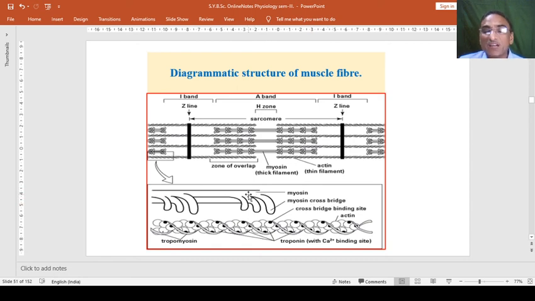So in the myosin filament, there are alternate myosin cross bridges which make the interlock mechanism in the muscles, and due to that interlocking, the stretching of the muscles, the contraction and relaxation of the muscles, or we can say the elasticity, is created and maintained by these cross bridges. So these are the alternate sides.